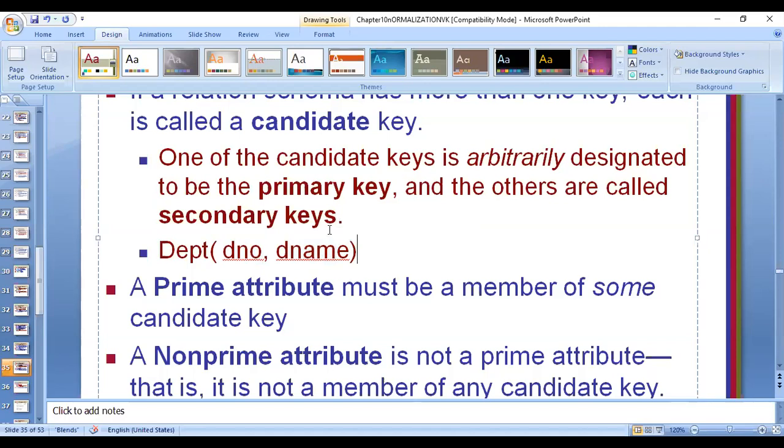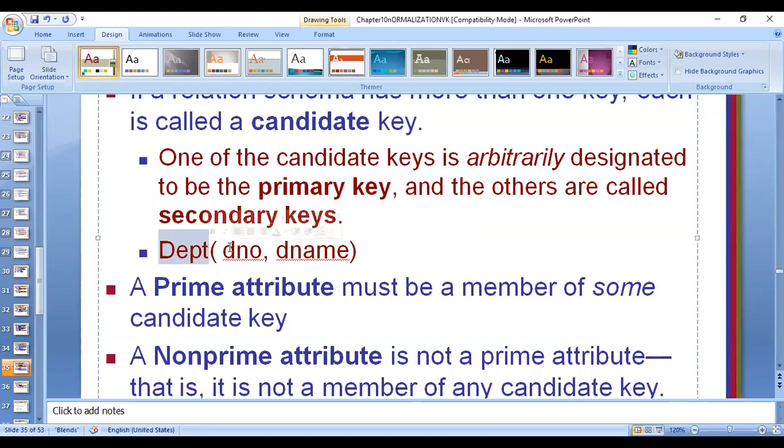So what is a prime attribute? In this case, department number can be a prime attribute, and department name also can be a prime attribute. Why are they prime attributes? Because this attribute uniquely identifies every tuple in the relation called department.